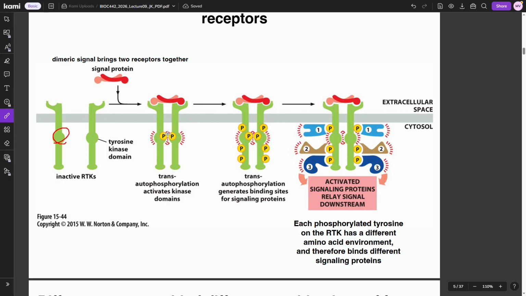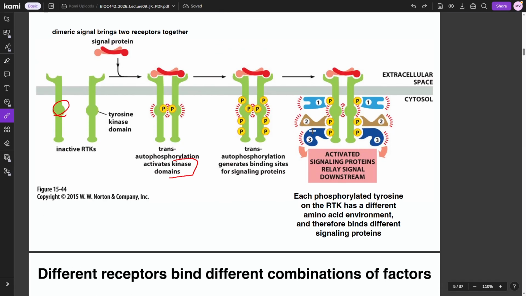And once that phosphorylation takes place, it activates more kinase domains, these extra kinase domains, and then we get a bunch more phosphorylations in different spots of the RTK, and these phosphorylations actually serve as anchor points for other proteins to bind and signal to other proteins or molecules in the cytosol. So these things bind and they activate signaling protein pathways.